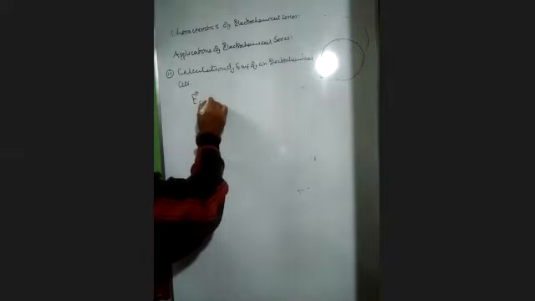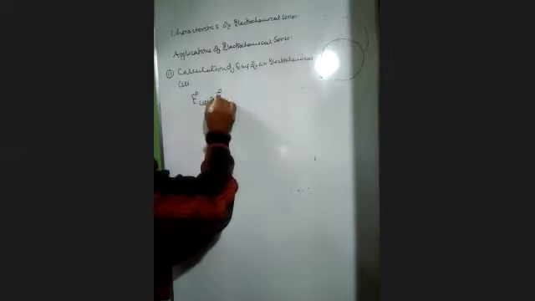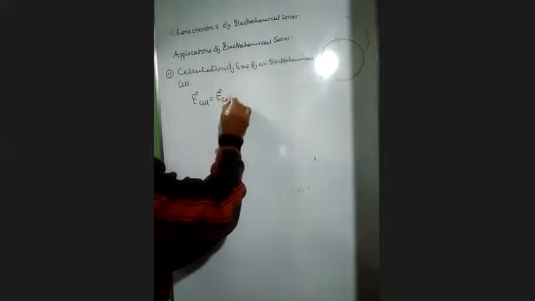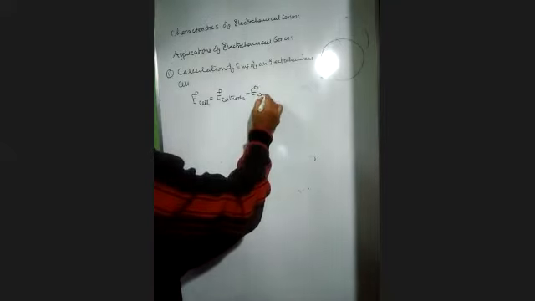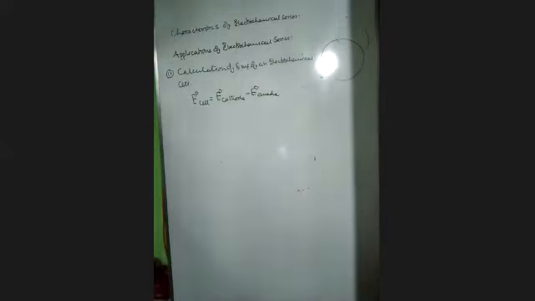How can you do it? You get the values from the table, and you know E0 cathode minus E0 anode. From there you can find out the E0 of a cell.